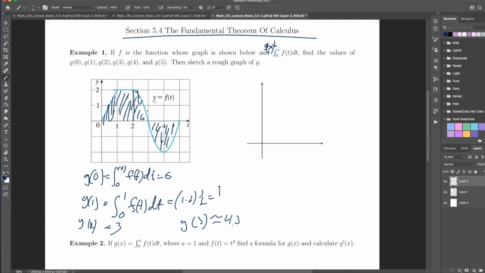If I drew in the triangle, it's over 1, and I'll just say that's 0.3, just to give it a number.